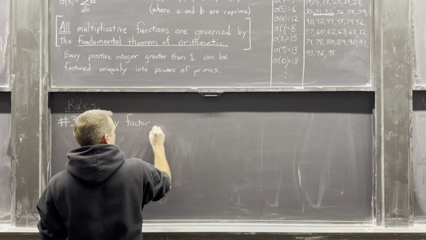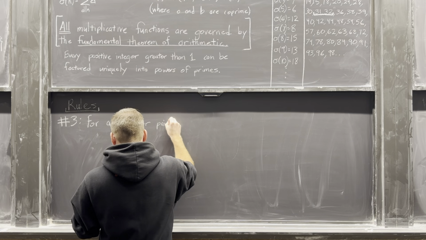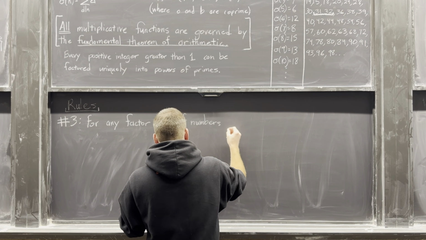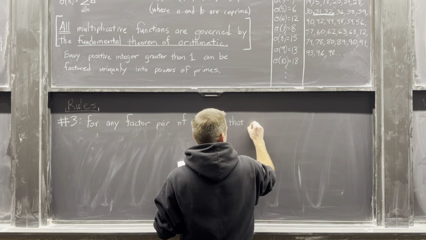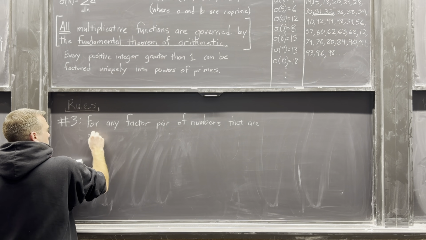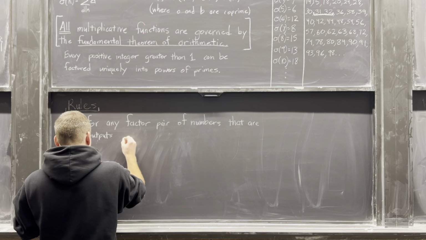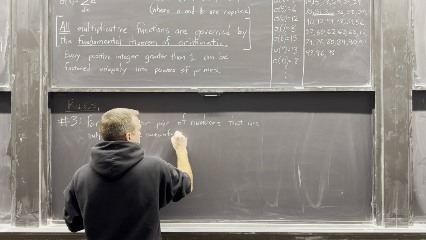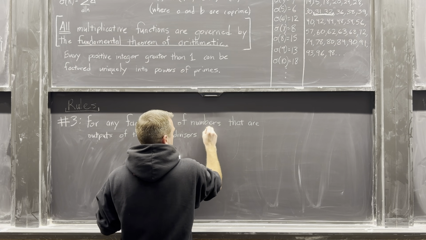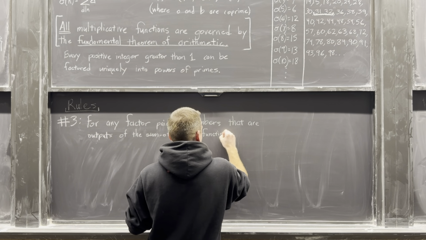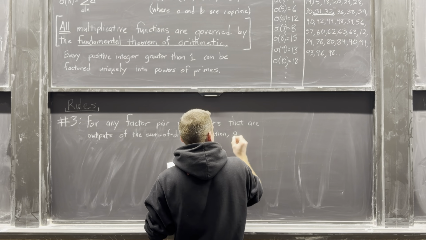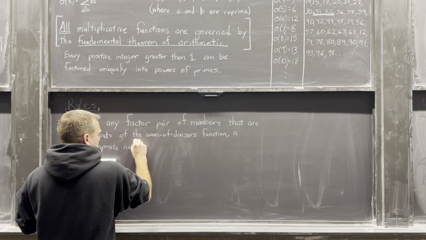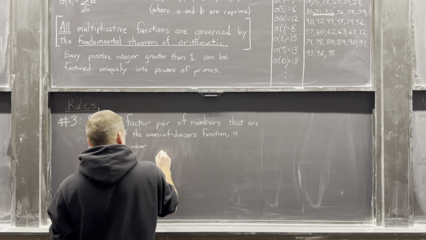For any factor pair of numbers that are outputs of the Sum-of-Divisors function, a composite number exists.